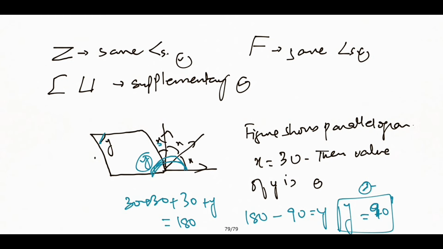Okay, now looking at an example where the formation of Z is tested quite evidently. This is the question. This, and this is another parallel. This is 36. This is x.